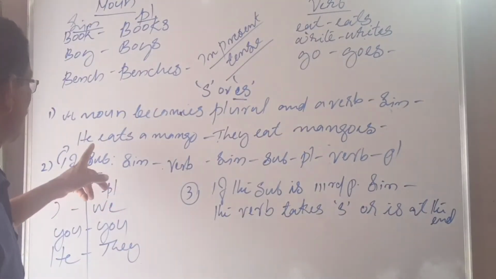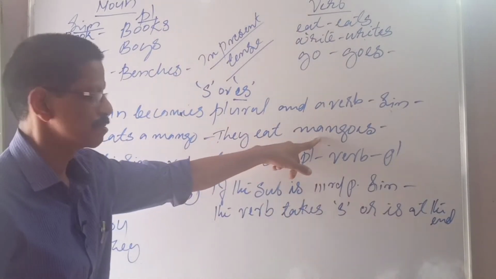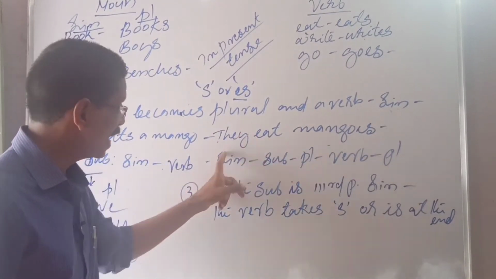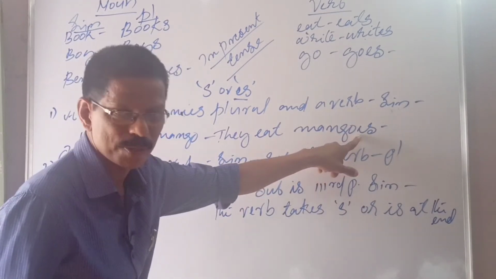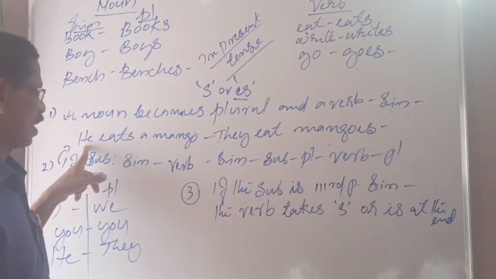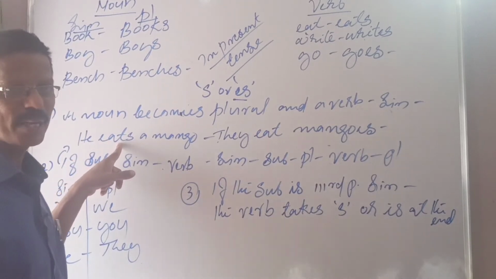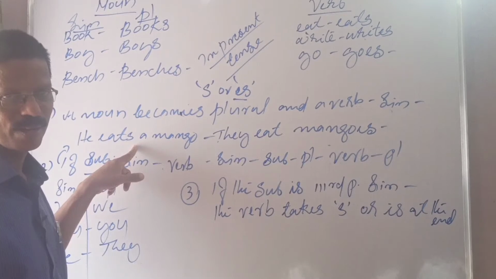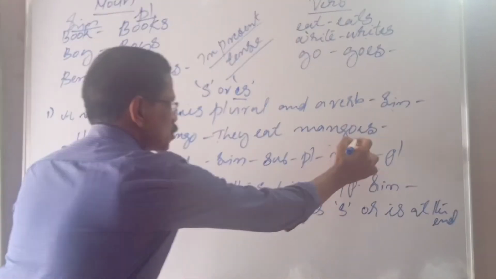For example, he eats a mango. They eat mangoes. See, mango is made into plural by es: mangoes. He is singular. Okay, now? So it is not eat but eats. See, here you add s with the verb. Here you add es with the noun.